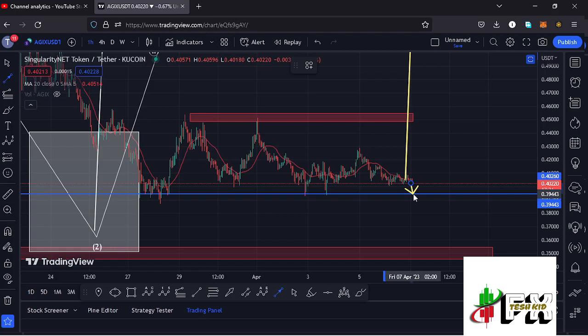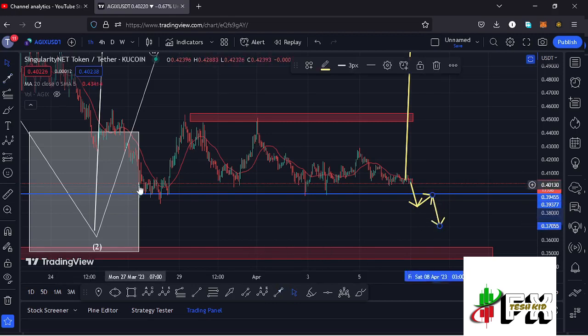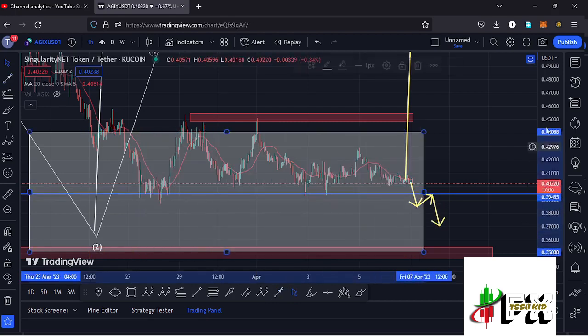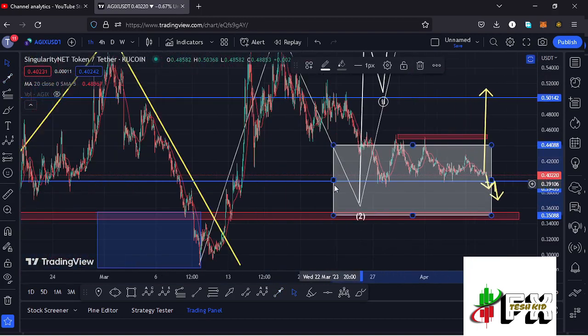But the moment we lose that key area of support, then that will be suggesting something else here on the Agix chart, because the moment we lose that key area of support, there are chances of getting a successful retest of that key area of support and then flip it into resistance, then continue seeing lower prices to get back into this white target area, which is the minimum retracement area for this larger Elliott wave count 2.